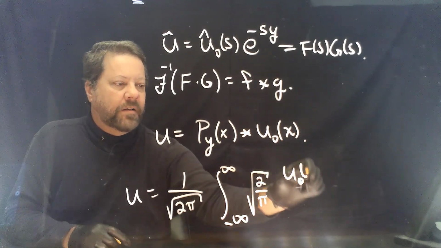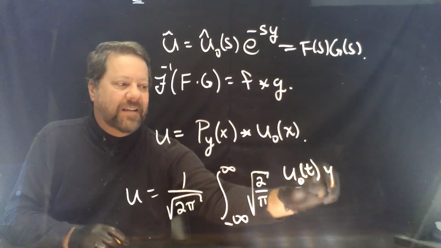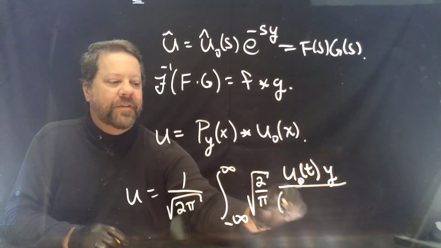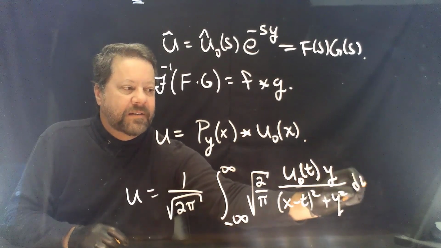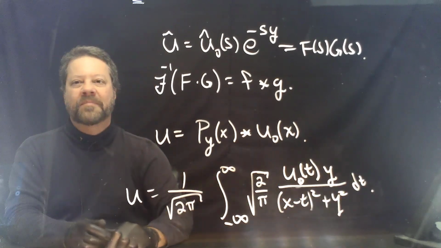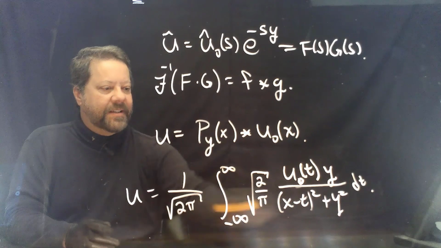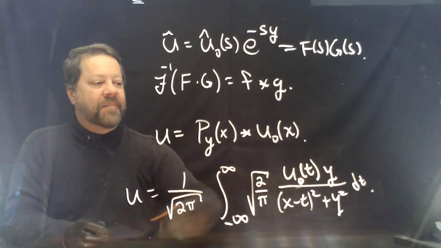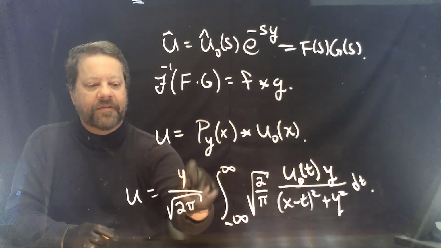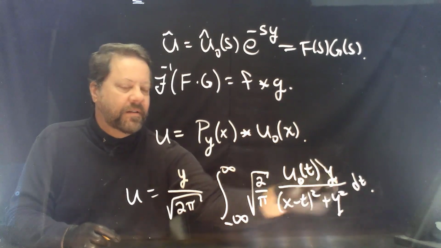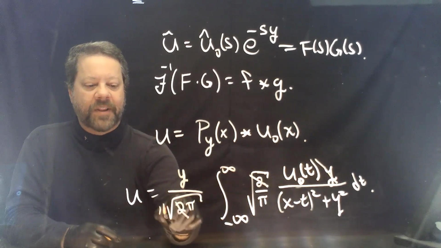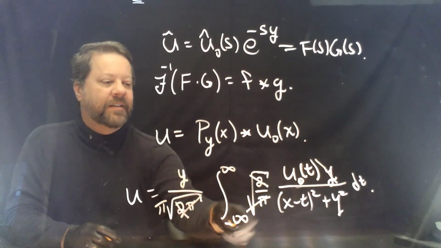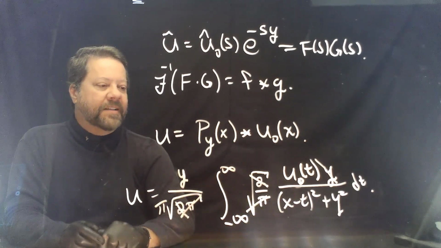We'll have u naught of t times y over x minus t quantity squared plus y squared dt. With respect to this integral, since we're integrating on this t, this y can come all the way out front. The root 2 can cancel with the root 2, and we'll just end up with a pi out front, combining the two root pi's.